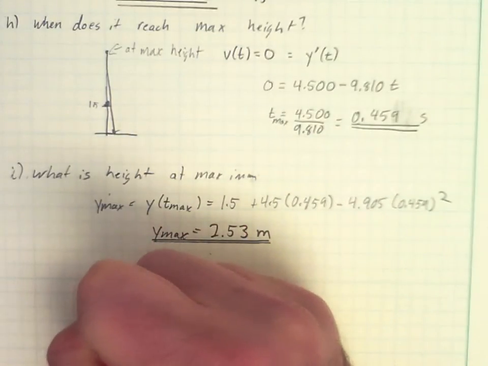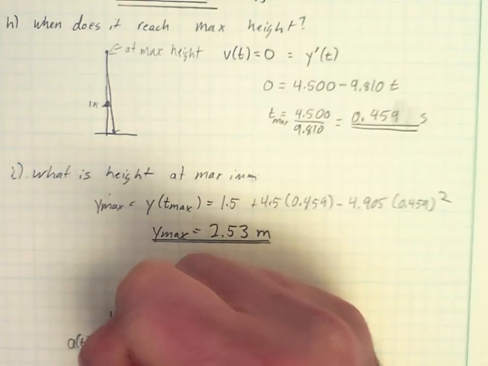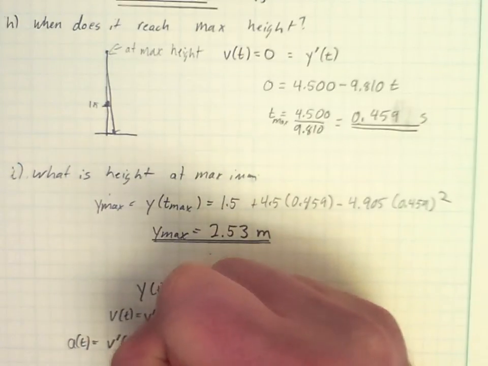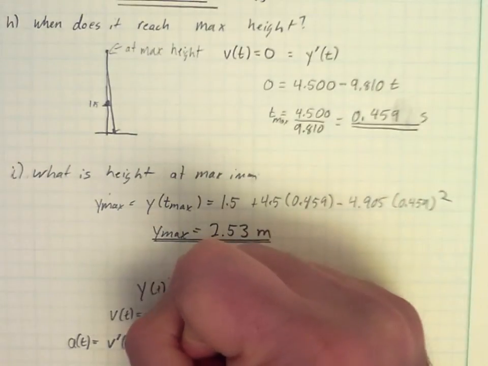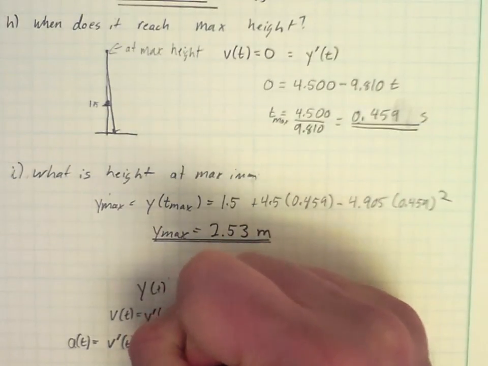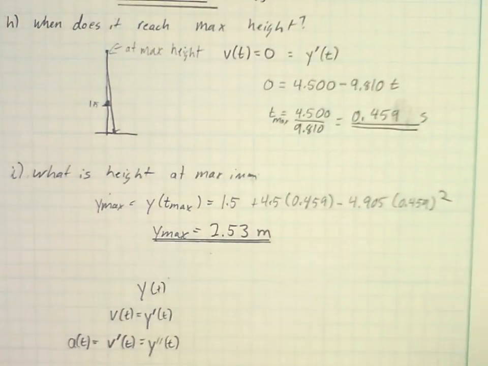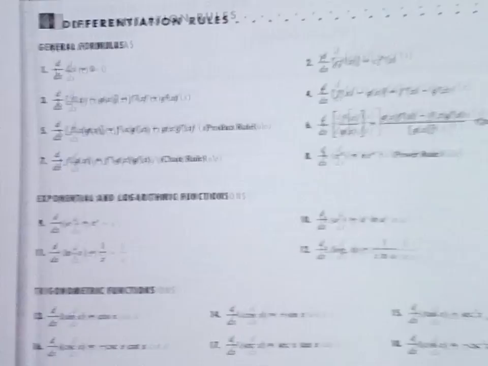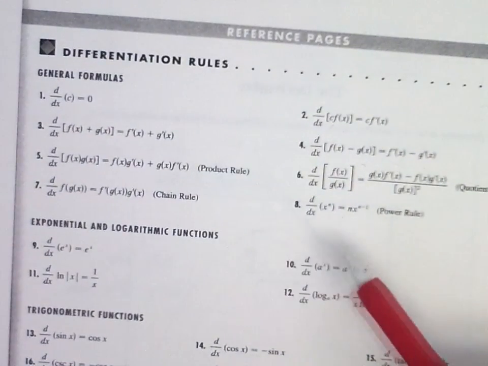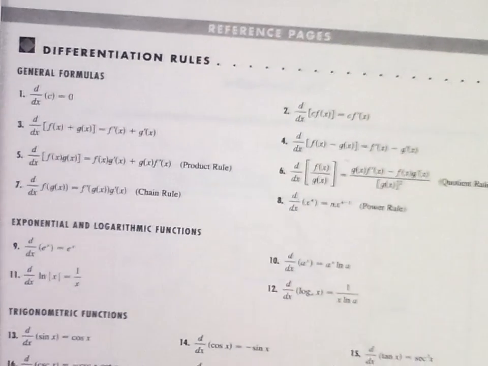And that a of t is the derivative of v of t. And it's actually what we call the second derivative of position, meaning that we took a derivative twice to get to acceleration. And we learned the key concepts of using derivatives from the general formulas, which will really help us along the way.